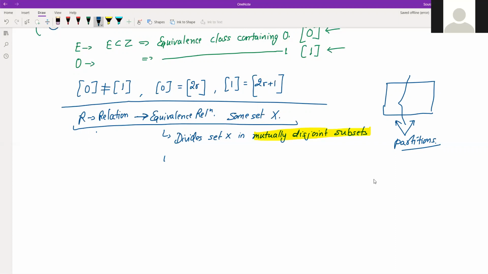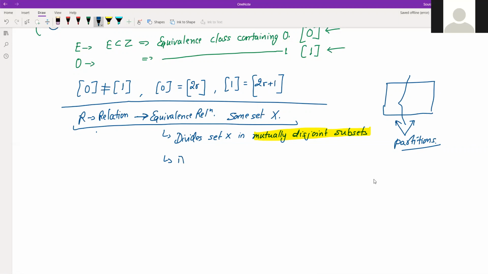So when an equivalence relation is there, it will divide the given set into mutually disjoint subsets. Now these subdivisions or partitions of X will satisfy a few properties.